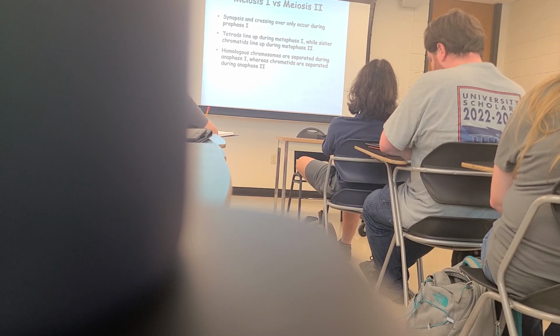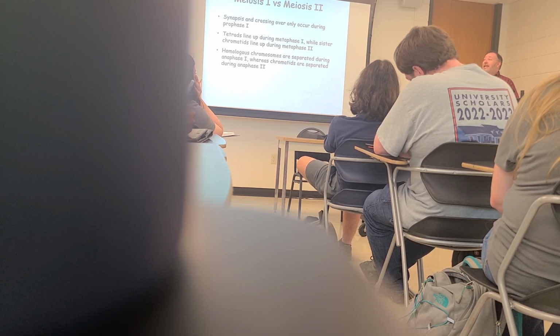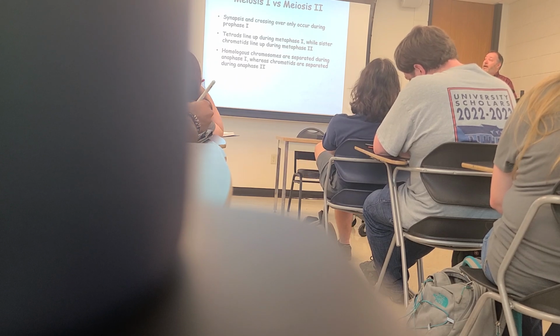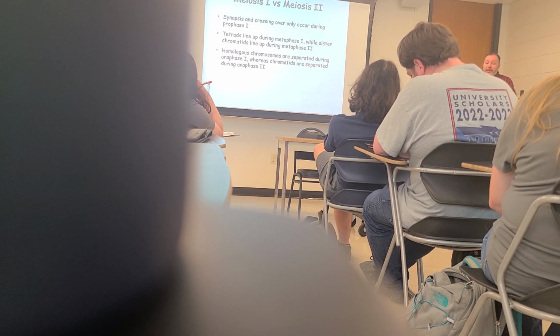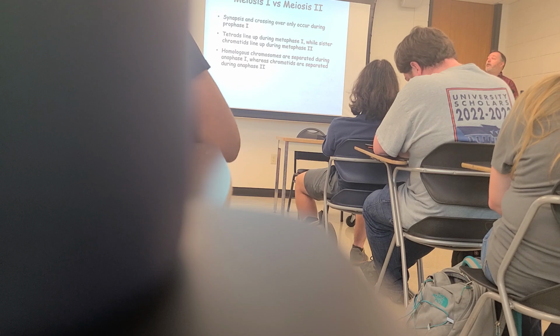A lot of people describe meiosis II as analogous to mitosis. This might not make any sense right now because we haven't talked about mitosis, but it will when we get to mitosis. Meiosis II is pretty straightforward, not a whole lot of variety, not a whole lot of change going on.